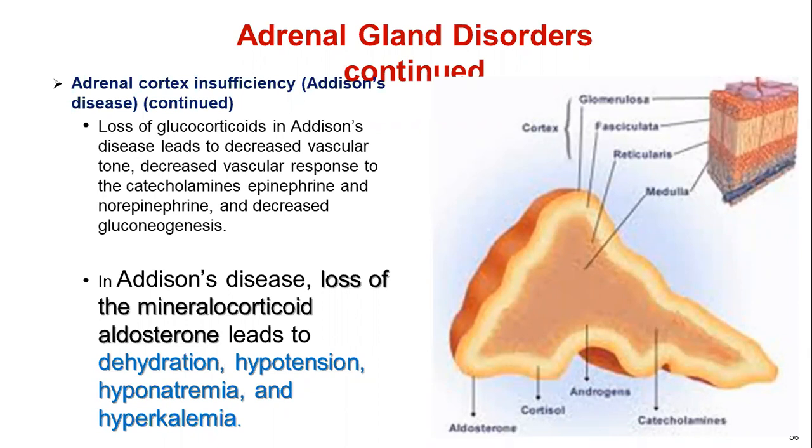So hyponatremia and hyperkalemia are the laboratory values, right? If I ask you what the lab values of Addison disease are, you can answer: increased potassium level, and some books say increased calcium level, but decreased sodium, decreased glucose, decreased cortisol, right?